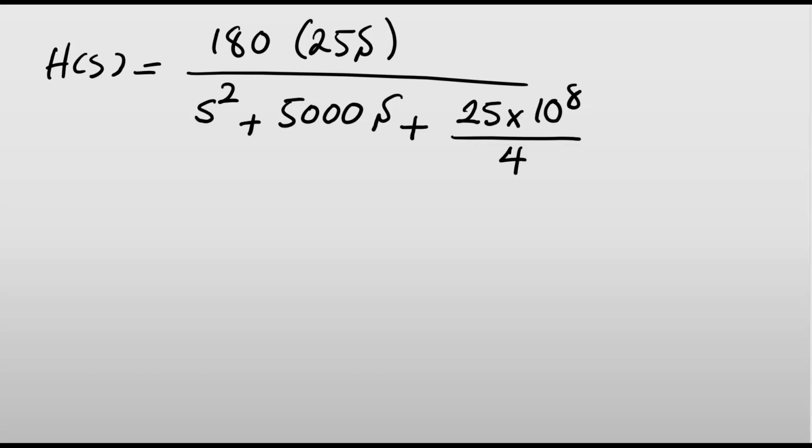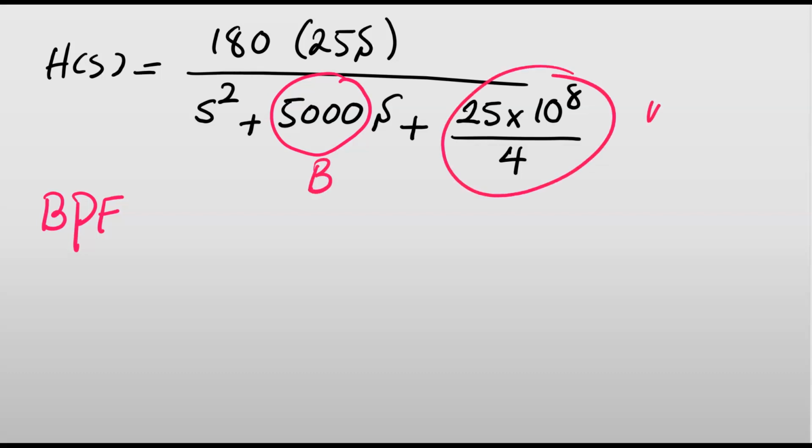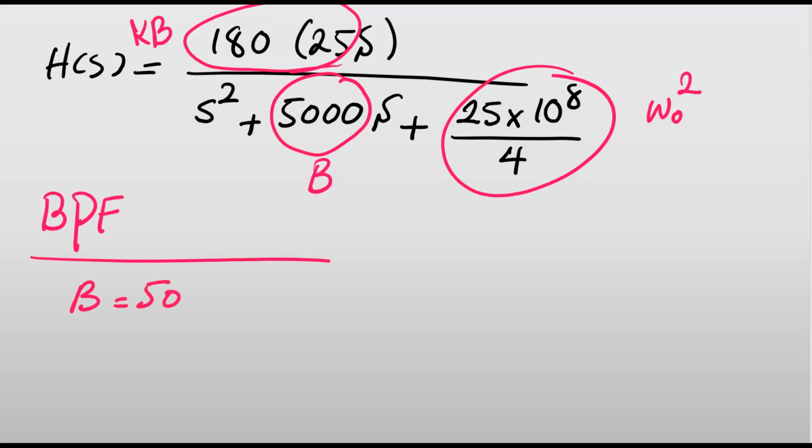So my first conclusion here is that I'm looking at a band pass filter. Why? Because I have a second order polynomial, and in numerator I have a coefficient of s and not s squared. Okay, so what I have here is my beta. What I have here is my omega naught squared. And what I have as the coefficient of s in numerator is k multiplied by beta. So it tells me that my beta is equal to 5,000.